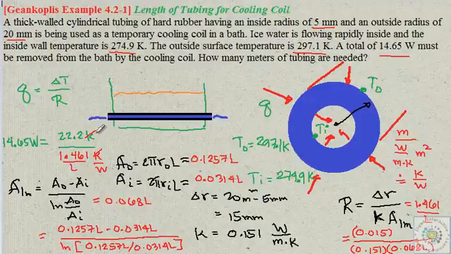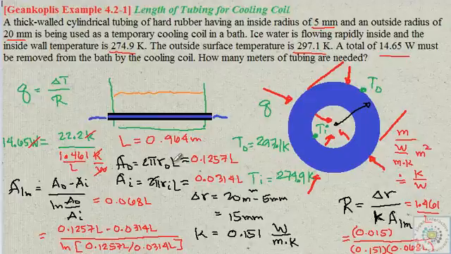The watt will be placed in the numerator because it's the denominator in here, and the watt and the watt cancel. Doing the algebra, the length of the tubing must be equal to 0.964 meters.